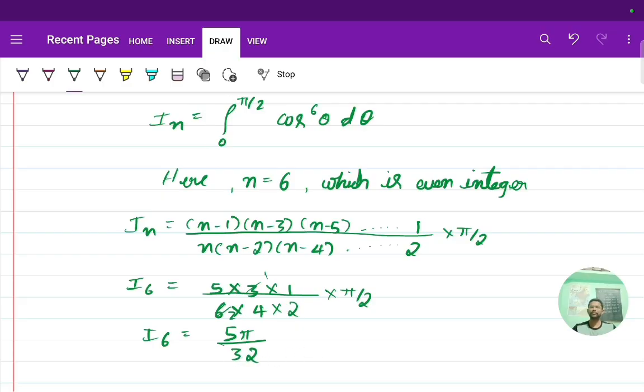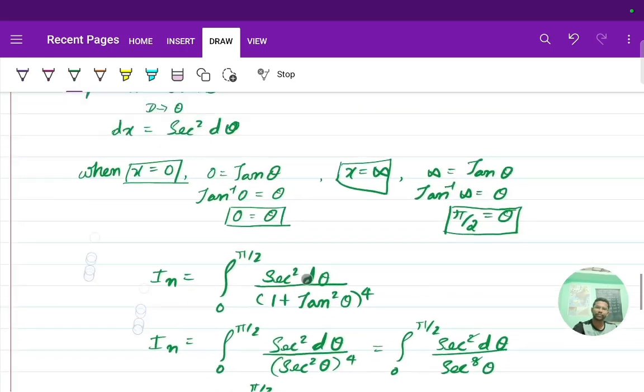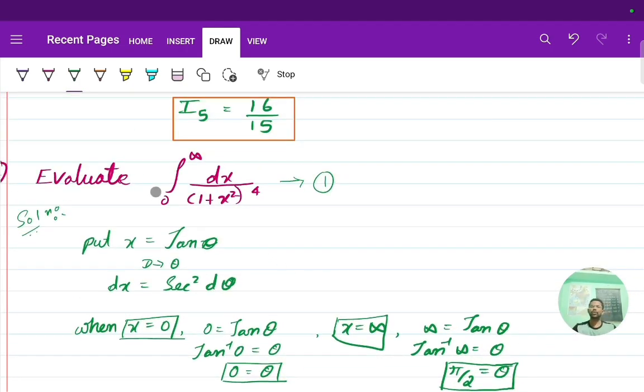So 5 pi by 32 is the required solution for the integration over 0 to infinity of dx divided by (1 plus x square) whole power 4.